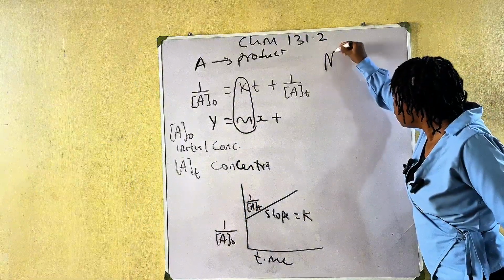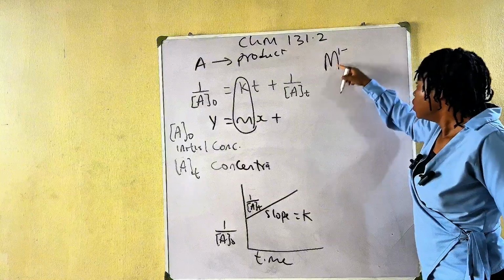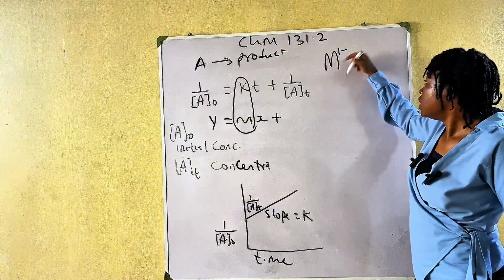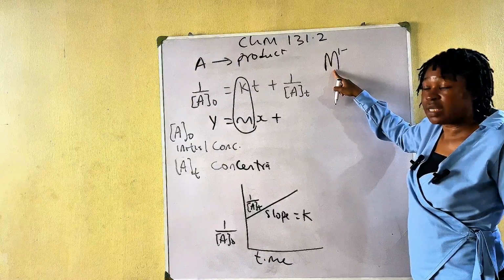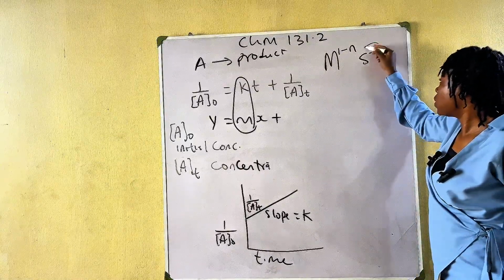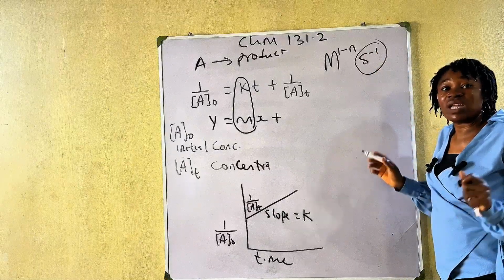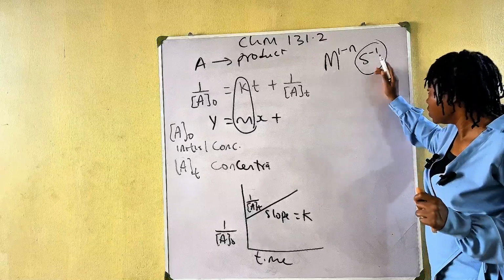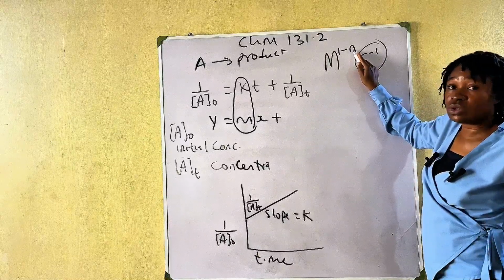The general formula for the unit of rate constant is this: M, the symbol representing mole per liter or mole per dm cube, raised to 1 minus n, per seconds. So this per seconds is constant in all the orders of reaction, from 0 upward. This n represents the order of reaction.